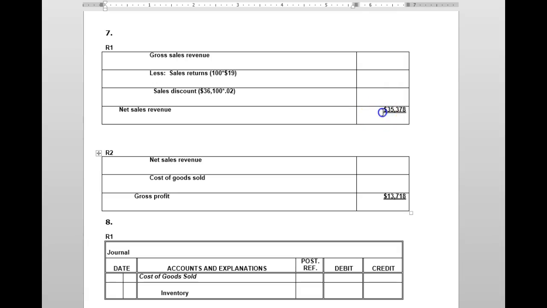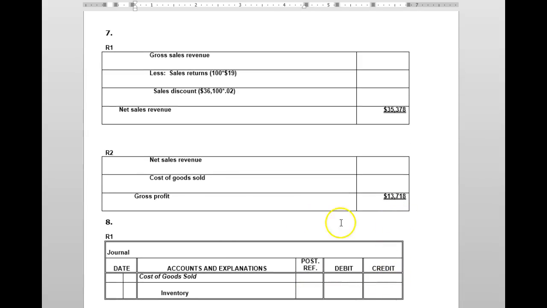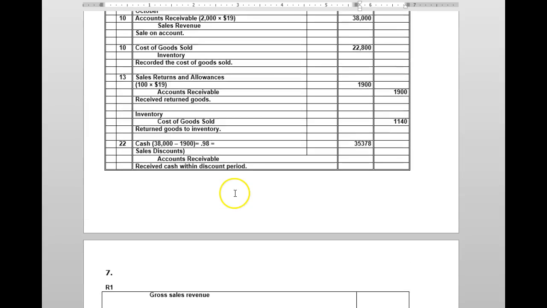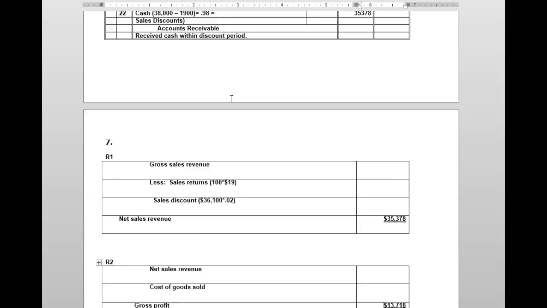So here's your sales revenue minus the cost of goods sold, by taking the cost of goods sold minus the return right here to give you the gross profit. And that is a full cycle, okay, of just one item being sold.